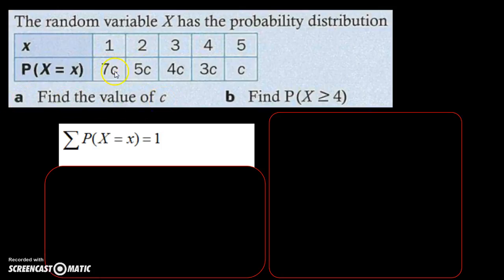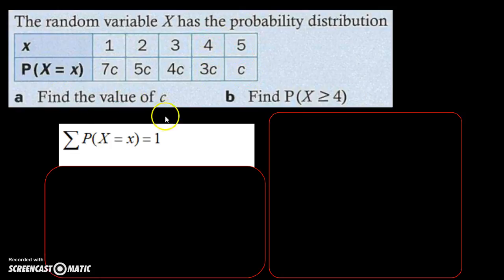Okay, so all the probabilities that have been given to us, they're not numbers. They're all in terms of some c, right? So we need to find the value of c. And for part B, they want us to find the probability when my random variable is greater than or equal to 4. So greater than or equal to 4, which means 4 and 5.